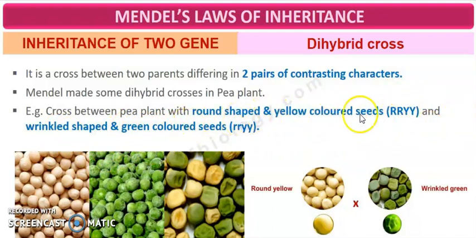Round and yellow are dominant because we got them in the F1 generation, so we use capital R and capital Y for them, and small r and small y for the recessive trait, right?